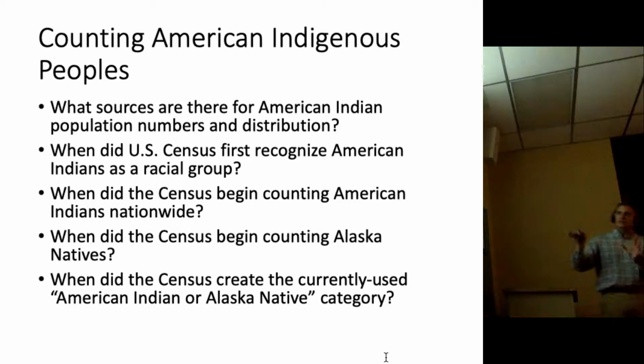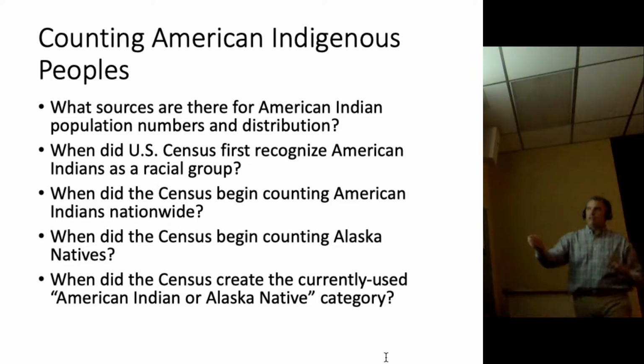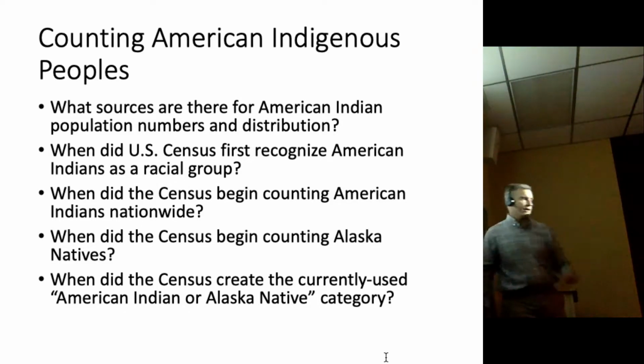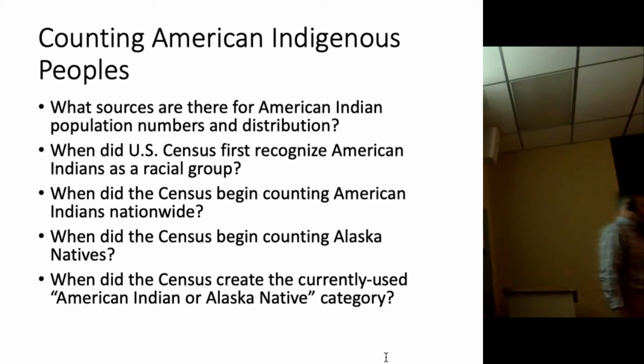Today the distinction in the census is American Indian or Alaska Native, and Alaska Native implies several things. You can be a member of an American Indian tribe living in Alaska, or an actual native village. You can be an Aleutian Islander or an Aleut, that's a separate category, and Inuit, Eskimo.